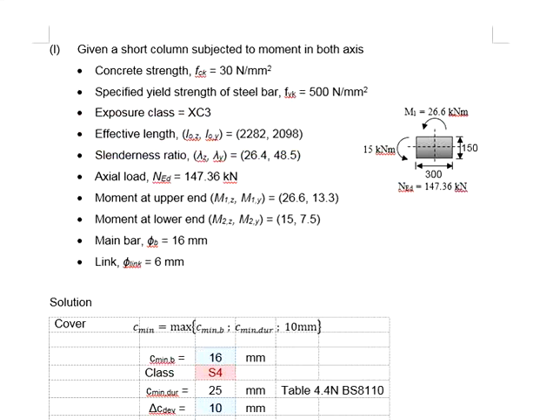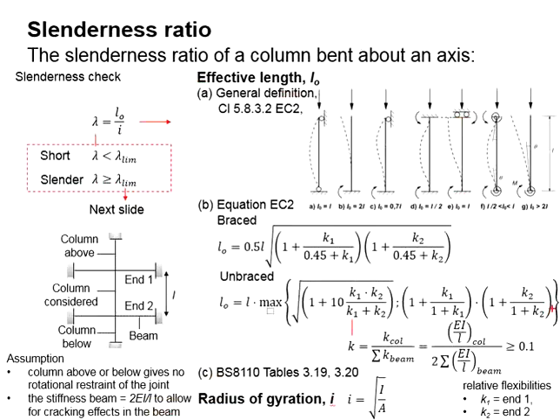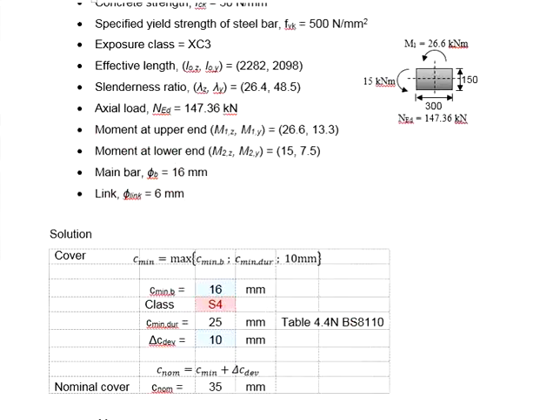Why is it so? This is mainly due to the sections of the column. The different dimensions of the column will influence the moment of inertia. The moment of inertia of the column would later influence the relative stiffness and subsequently influence the effective length of the column in different axes.